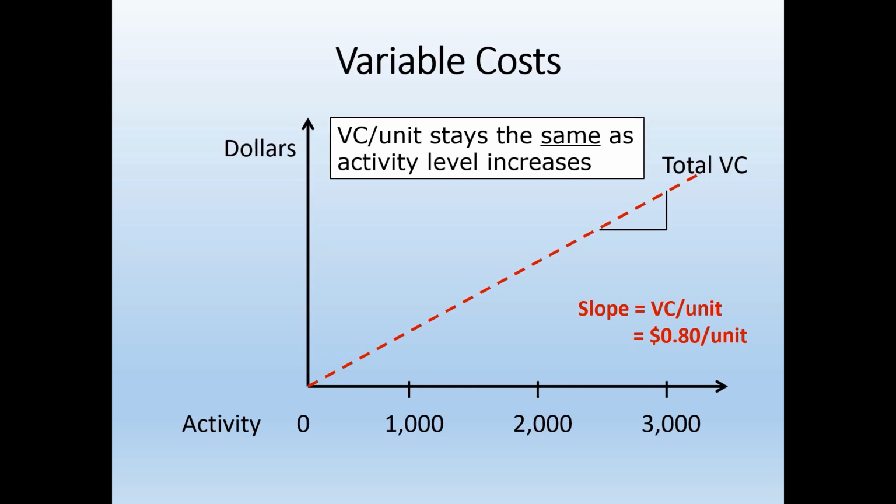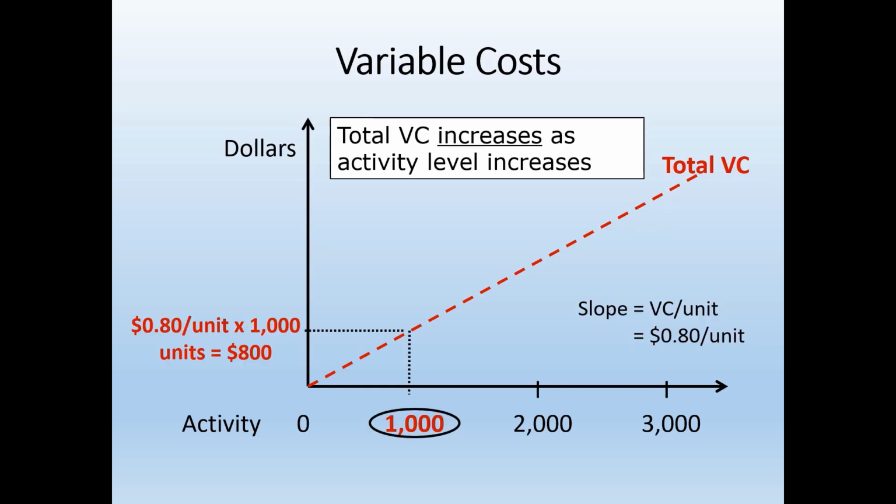So this graph shows that the variable cost per unit stays the same as the activity level increases. The graph also shows that the total variable cost increases as the activity level increases.